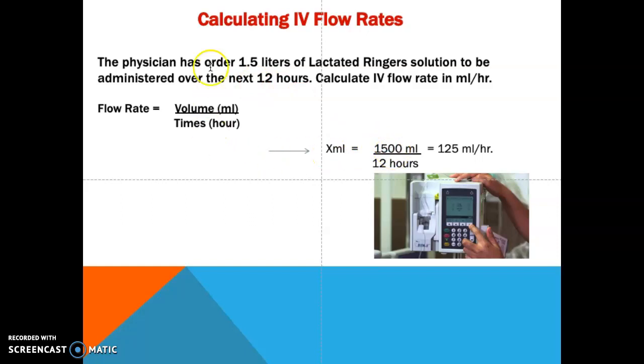And that is to be infused in 12 hours. So 1,500 divided by 12 is equal to 125 milliliters per hour. So that is what the nurse is going to program the IV pump to administer, 125 mLs per hour.